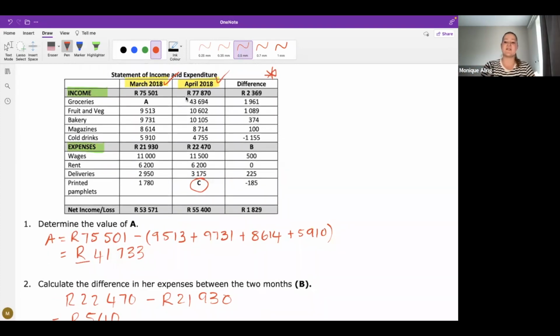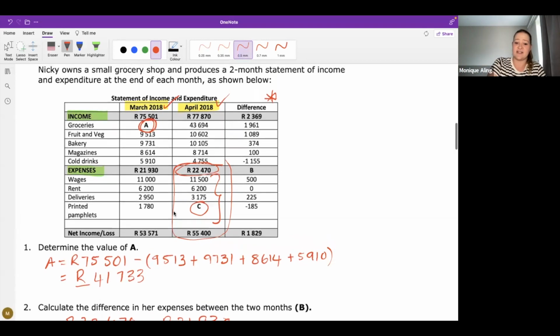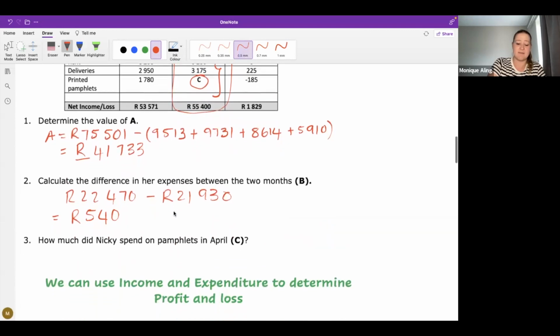So working out C was very similar to the same method as working out A. Okay, so same thing. We have a total for this block, which is our 22,470, and everything in this block needs to add up to that. So we have all the other values, so we can just take our total and minus them.